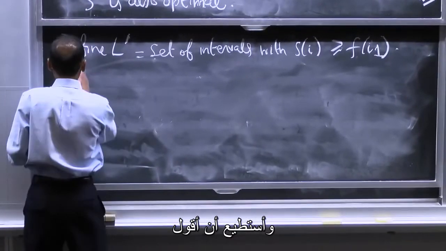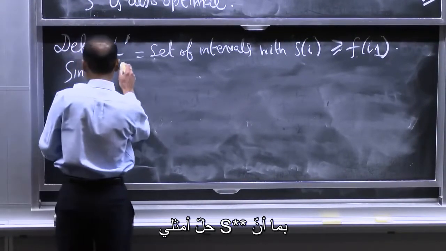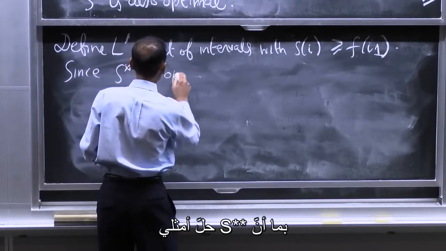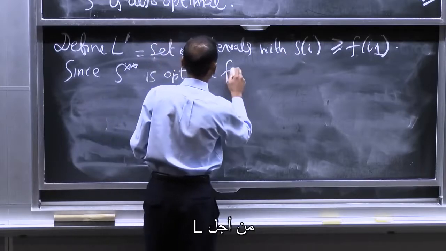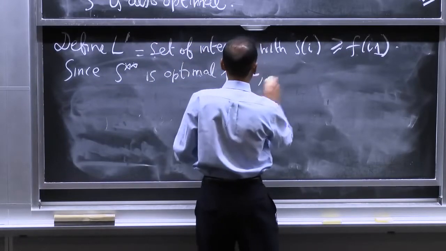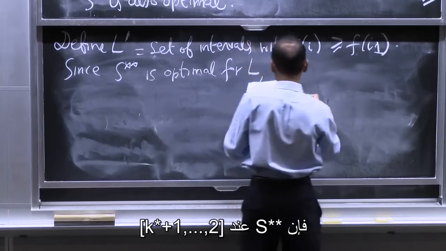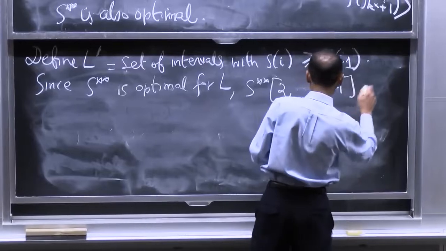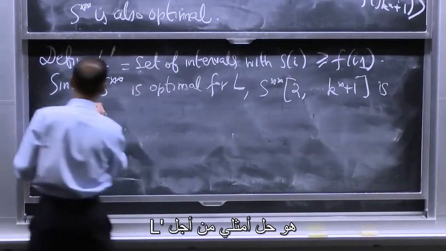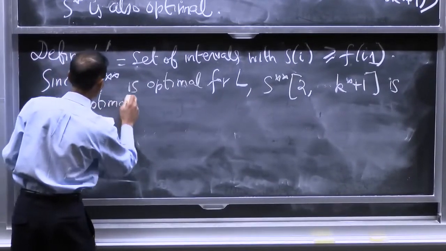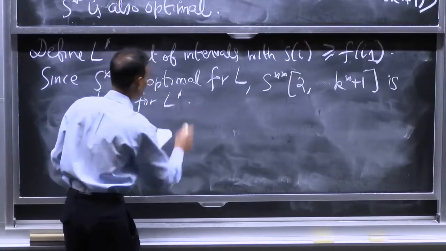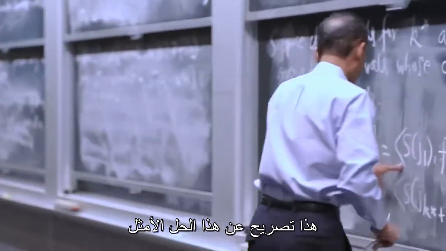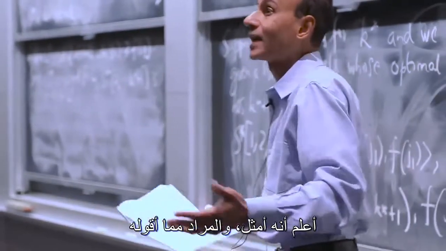And I'm going to be able to say that since S double star is optimal for L, S double star 2 to K star plus 1 is optimal for L prime. Right? So I'm making a statement about this optimal solution. I know that's optimal.